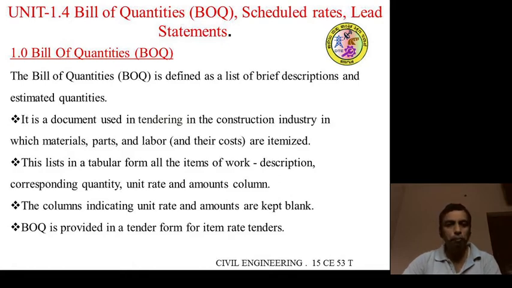The list in tabular form shows the item of work, the quantity of the particular item, unit rate and the amount in the last column. The columns indicating unit rate and amount are kept blank. That means the amount column will not be filled in the bill of quantities.